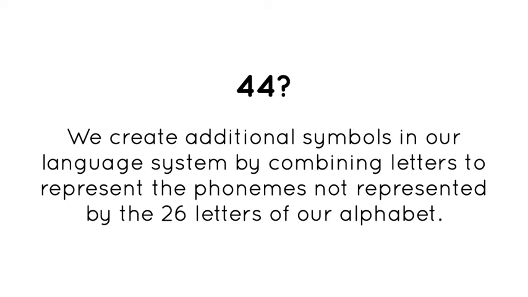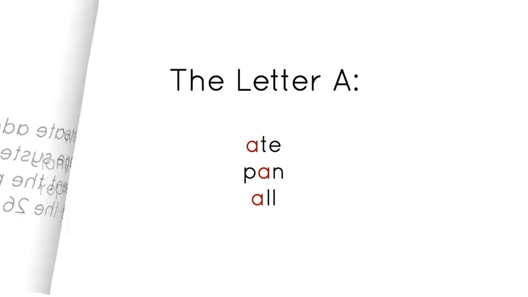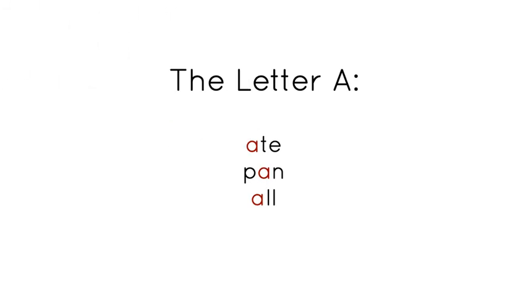In order to make up for those additional sounds, we have additional symbols that we create by combining letters to represent those phonemes that aren't represented by the 26 letters of our alphabet. We also have some graphemes that index multiple phonemes. So for instance, the letter A has several sounds associated with it.